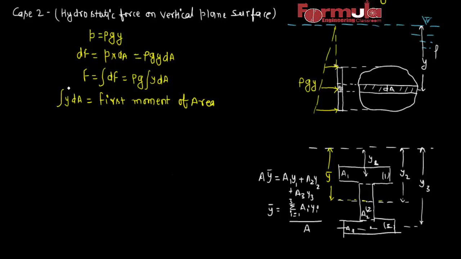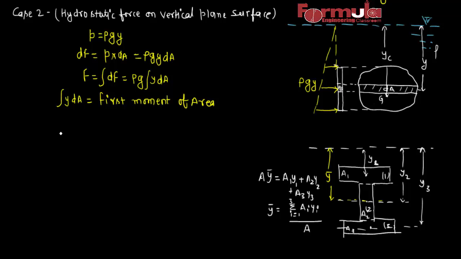By integrating y dA, we are simply saying this will be equal to the total area multiplied by the center of gravity distance of this body from this reference line or free surface. Let's suppose this is the center of gravity of this body, and let the distance of the center of gravity from the free surface be yc.